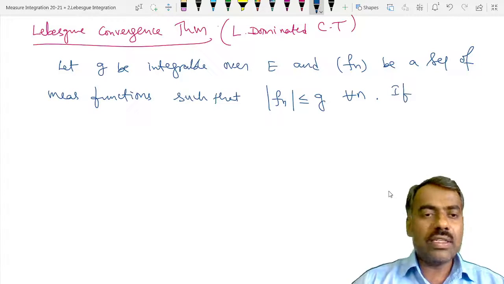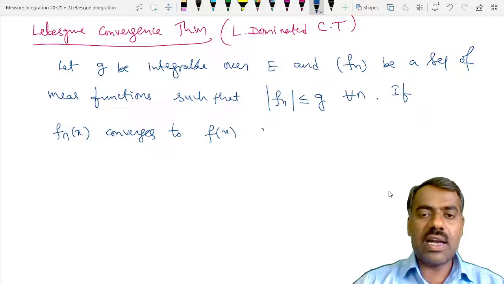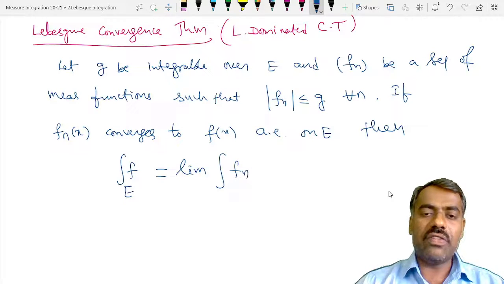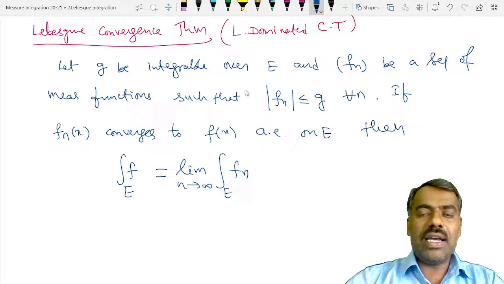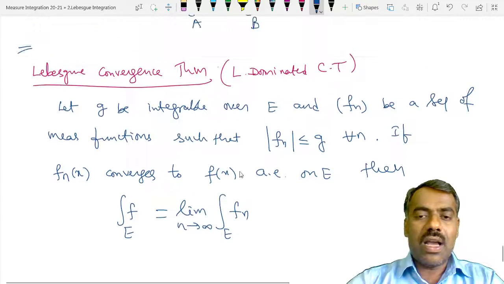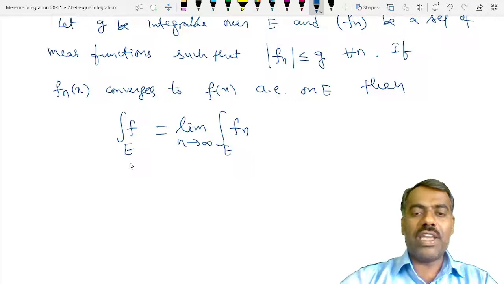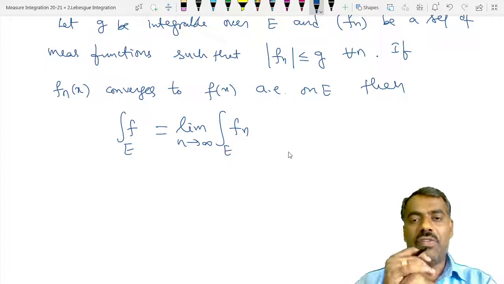Now if f_n of x converges to f of x almost everywhere on e, then integration of f over e is the limit of integration of f_n over e. See, for the Lebesgue dominated convergence theorem, the result is the same: integration of f over e is the same as the limit of integration of f_n over e.